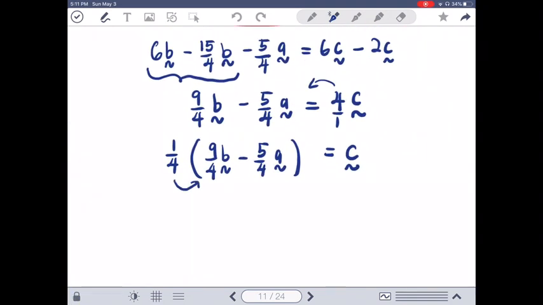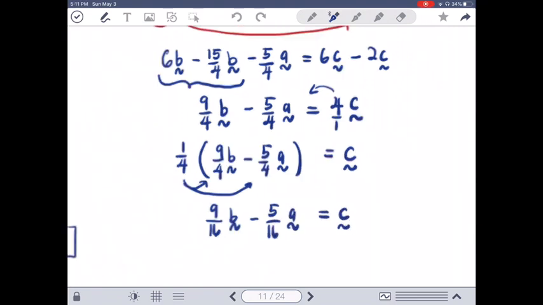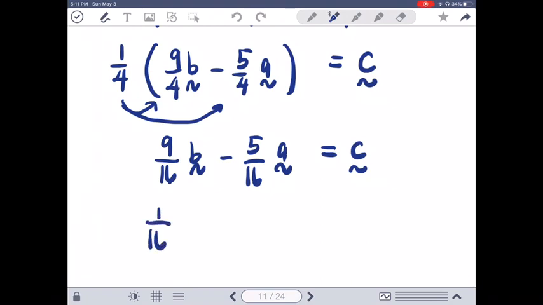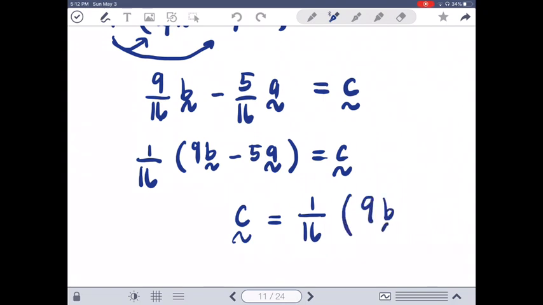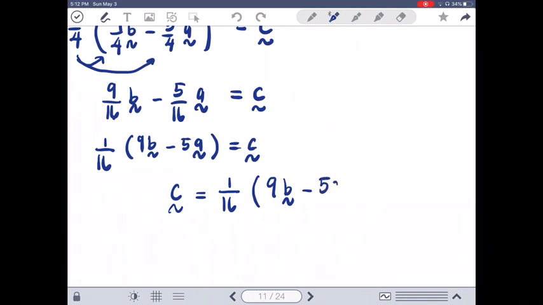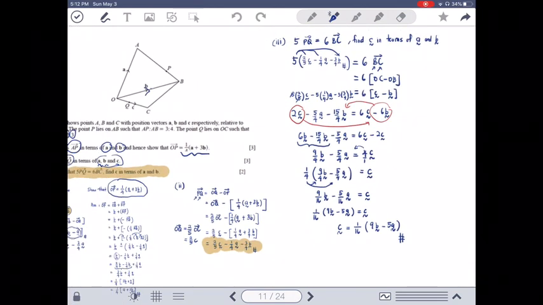So now you multiply each and every one. So it becomes 9 over 16 B minus 5 over 16 A equals C. So I can rewrite that as 1 over 16 times 9B minus 5A equals C. So it means that C is equal to 1 over 16 times 9 times vector B minus 5 times vector A. So that should be your final answer for question 3.